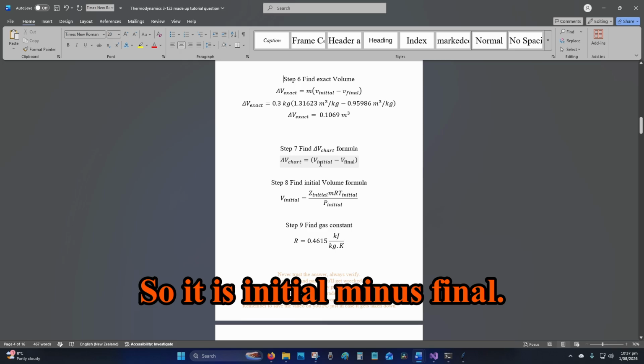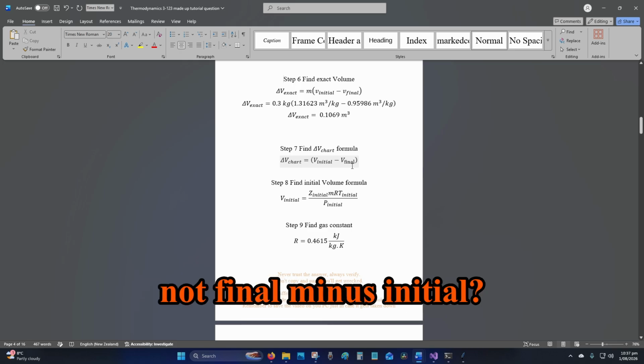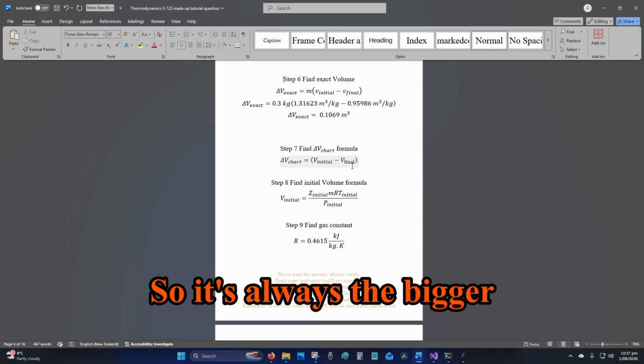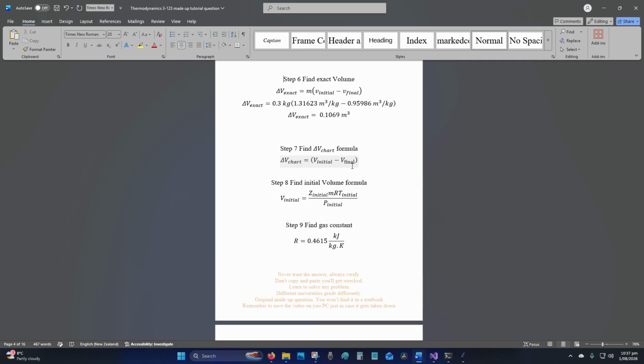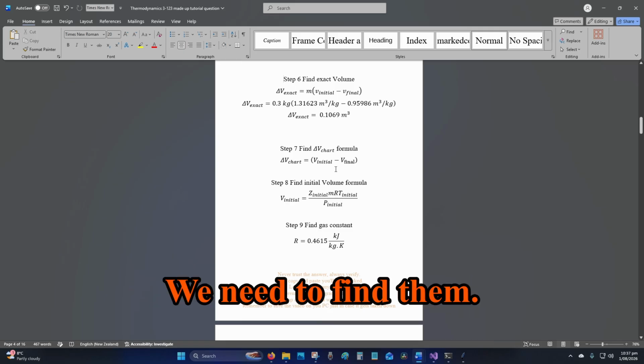So it is initial minus final. Why is it that way and not final minus initial? Because initial is bigger than the final, so it's always the bigger one minus the smaller one. Okay, so these are missing. We need to find them.